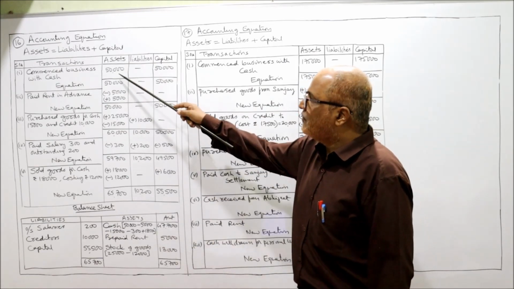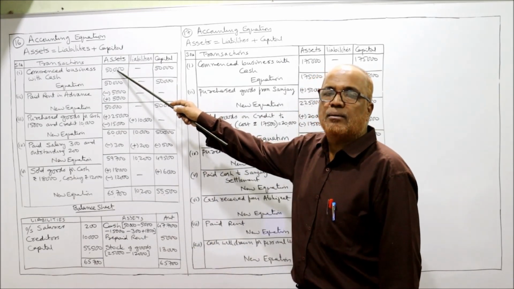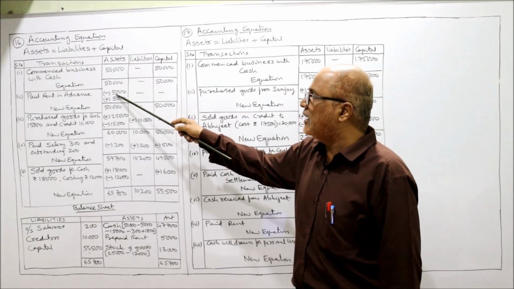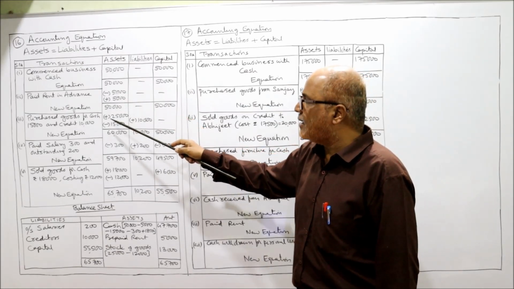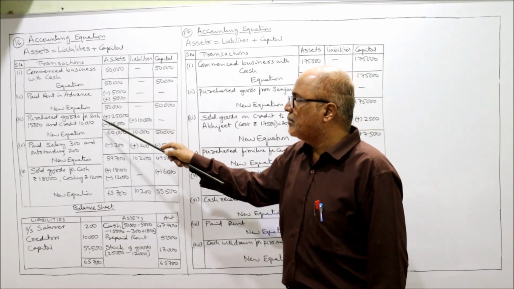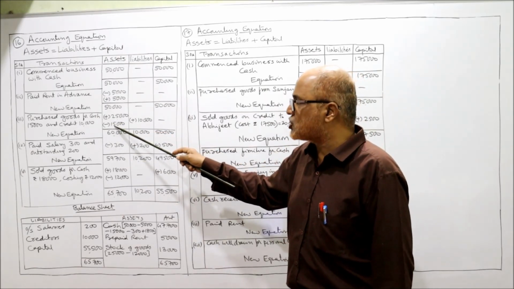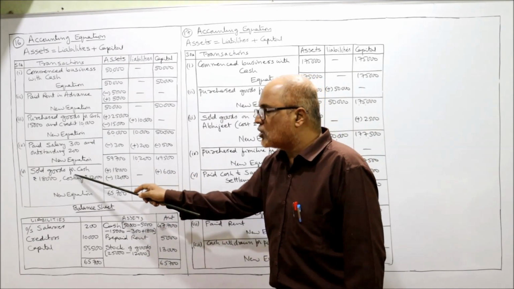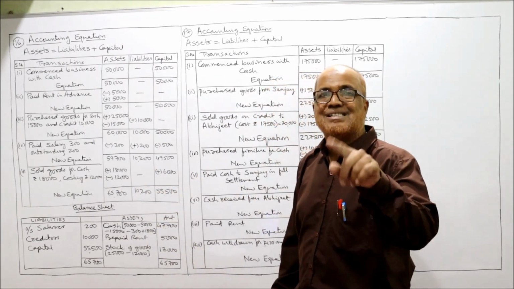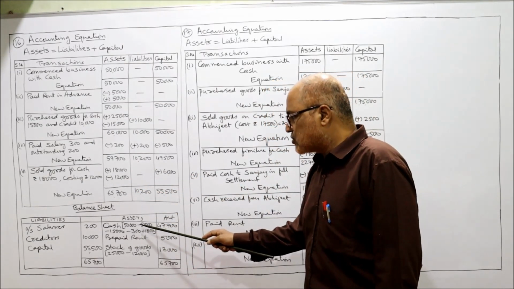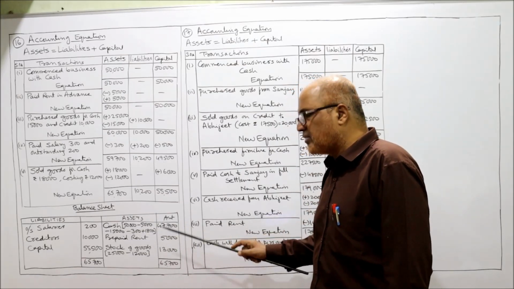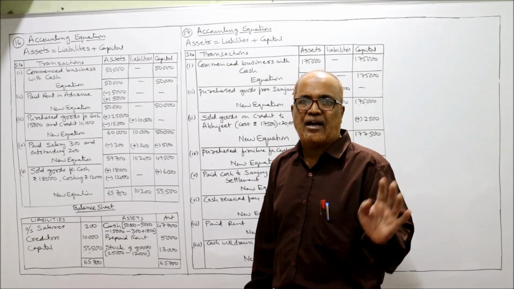So again I repeat, 50,000 rupees initially cash brought by the owner, minus 5,000 rent paid in advance, then minus 15,000 goods purchased for cash, minus 300 rupees salary paid, plus 18,000 rupees cash received on sale of goods. So 50,000 minus 5,000 minus 15,000 minus 300 plus 18,000. 47,500 is the cash in hand.